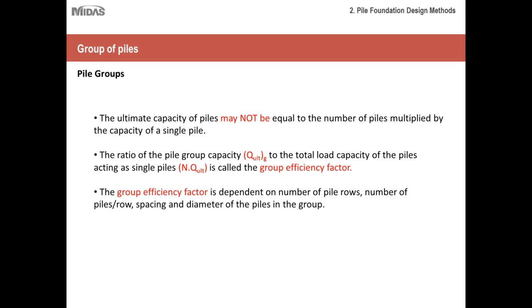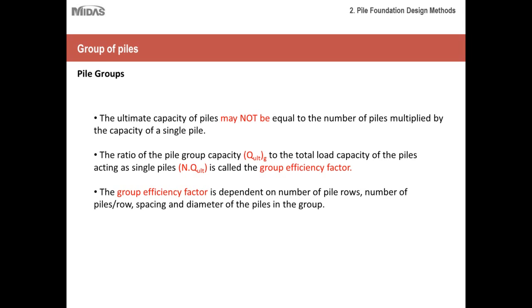And then this group efficiency factor is dependent upon the number of pile rows we have, the number of piles per row, the spacing, and the diameter of the piles in that group. And I'm sure you must have found these definitions and these factors in the textbooks that we have gone through in our good old days in school.